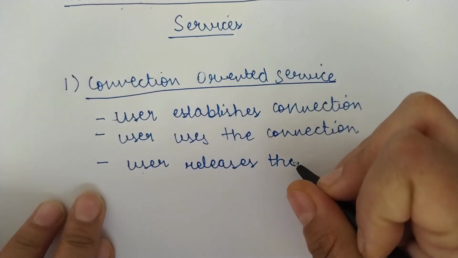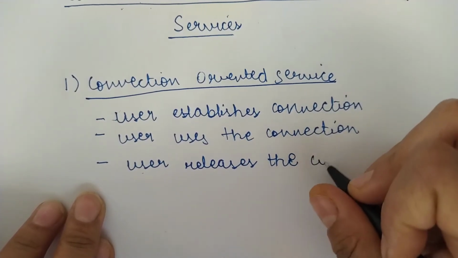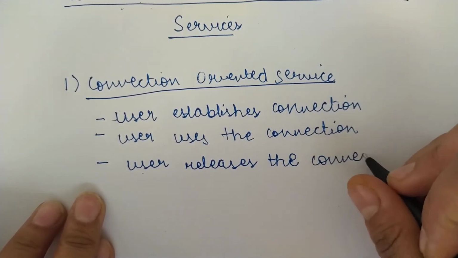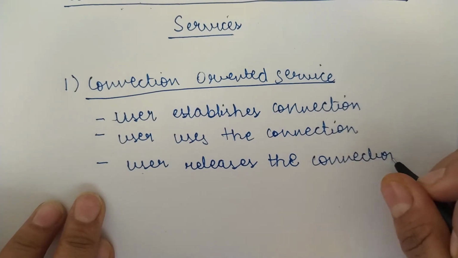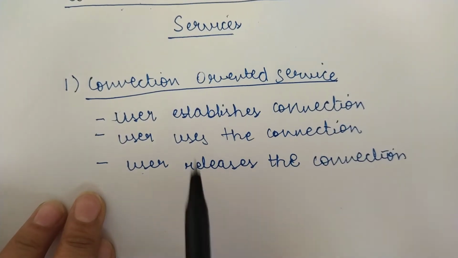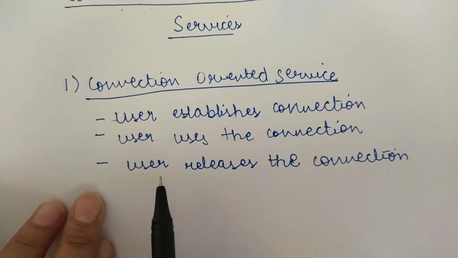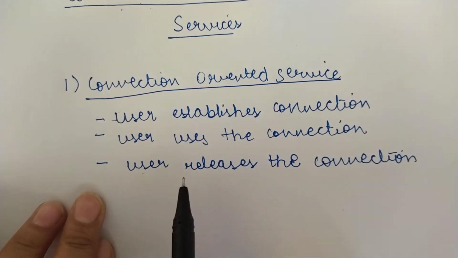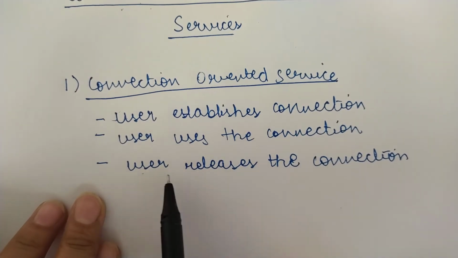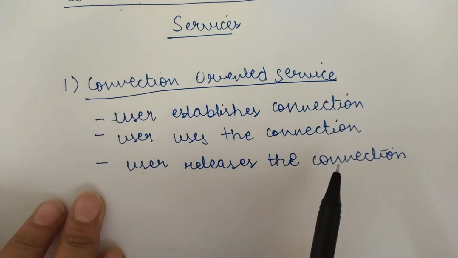So these are the three simple steps required in a connection oriented service. The user first establishes the connection, then uses that connection, and finally, when the data has been transferred, releases the connection.